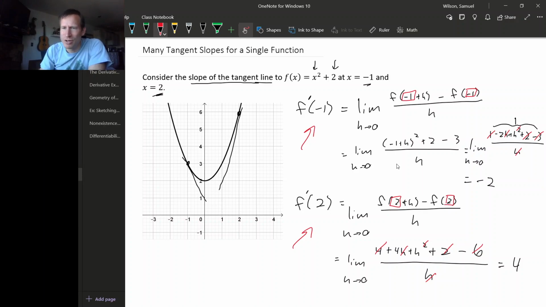So as I did this calculation, everything came from just those numbers being different. So if I wanted to find the derivative of f at different x values, I'd have to do this whole calculation again. Well, it seems silly to do this calculation over and over again when the only thing that's changing is the number that shows up right there.